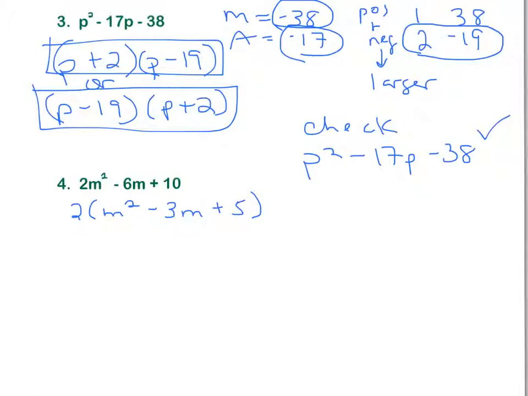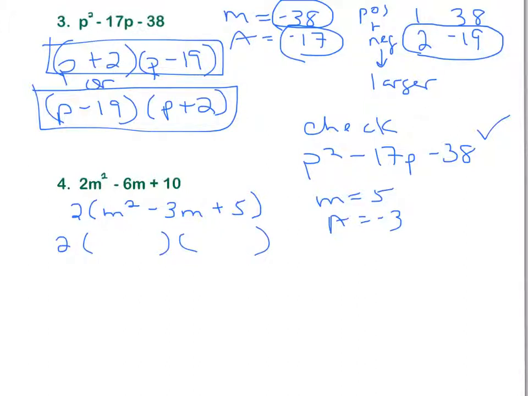And now I have a trinomial of that form that I'm looking for, where I have a basic m squared. I don't have a coefficient before that term. So when I do my multiply to equal, I'm going to use what's in the parentheses. I can ignore the 2. The 2 will be in my answer, but I don't have to worry about it when I'm doing my factoring.